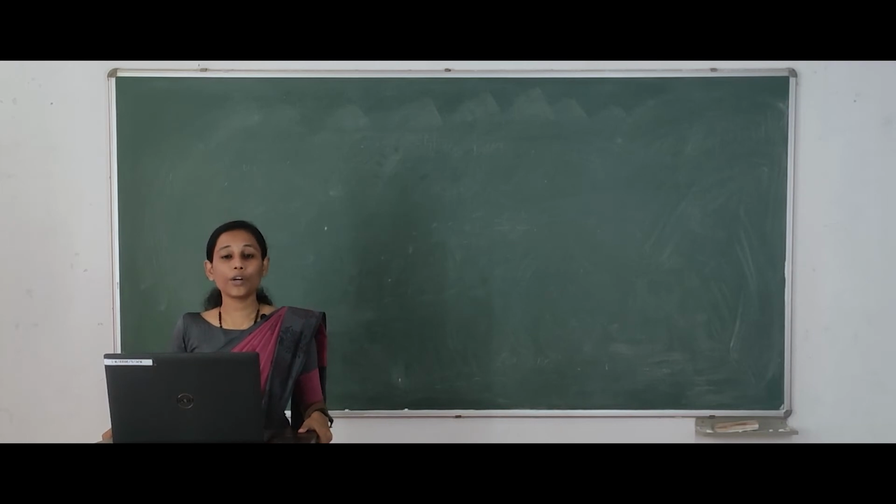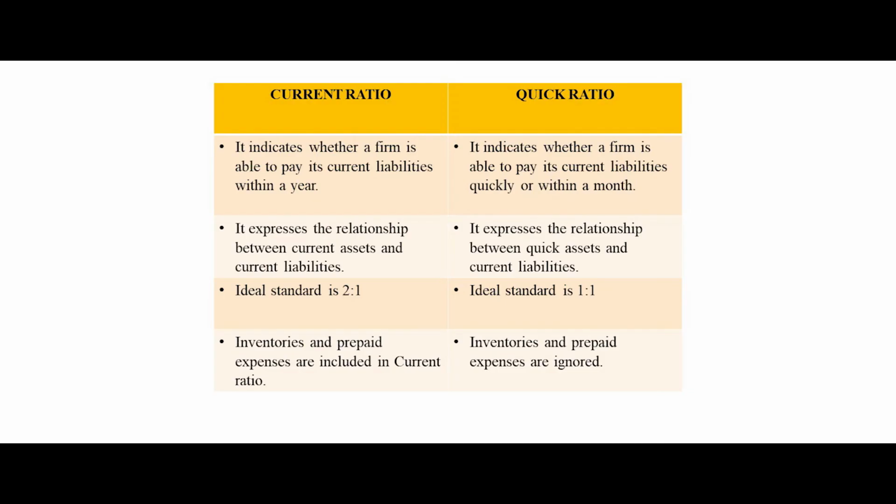Here we are going to discuss the differences between current ratio and quick ratio. Current ratio indicates whether a firm is able to pay its current liabilities within a year. Quick ratio indicates whether a firm is able to pay its current liabilities within a month.